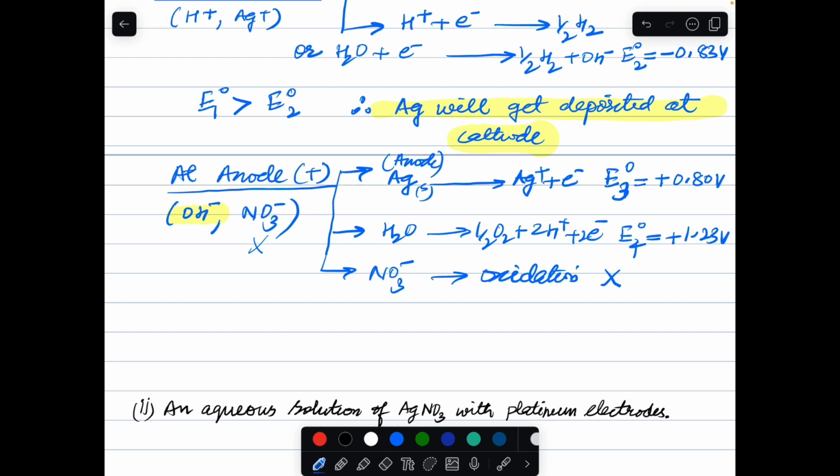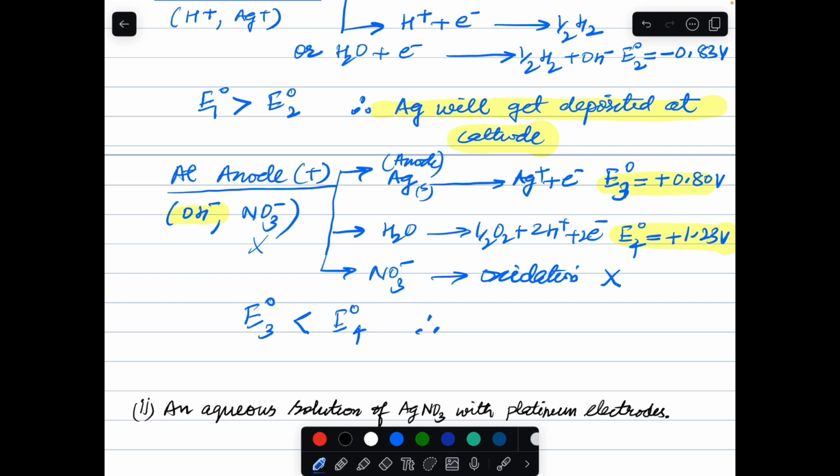And in the other two reactions, we will compare the values of E. So what we have here, E naught 3 is less than E naught 4.